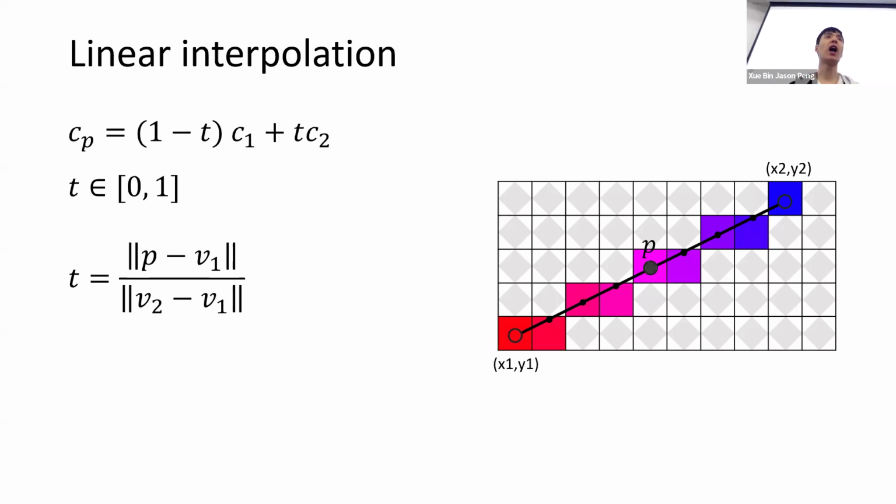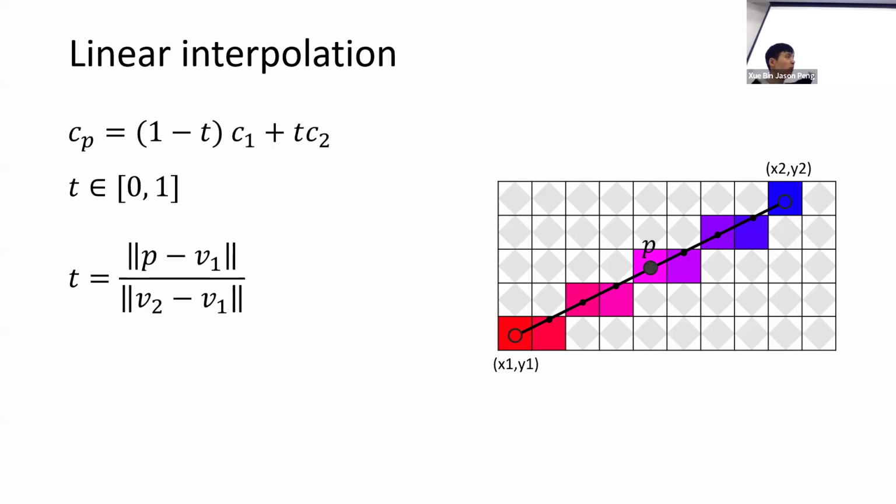So this will just tell us how far P is from the starting point. And then we're going to divide that by the denominator, which is given by the norm of V2 minus V1. So we're calculating the norm of the difference between the two endpoints of the line, which means that this corresponds to the length of our line. And this denominator normalizes T to make sure that it's going to range between 0 and 1.